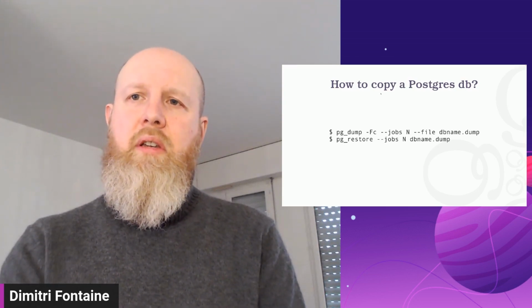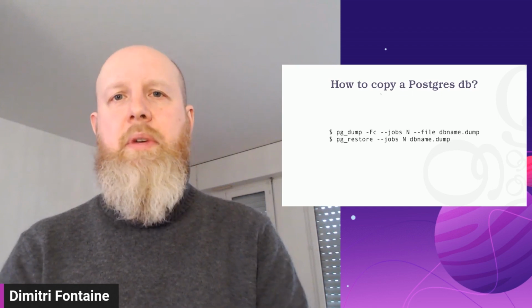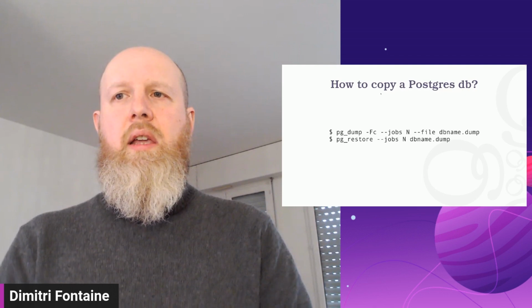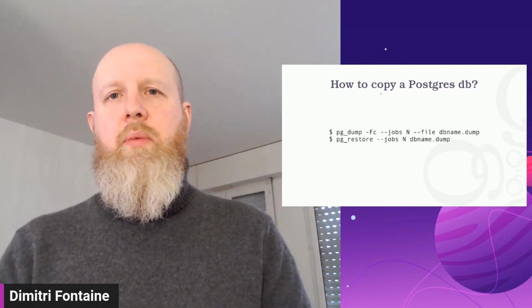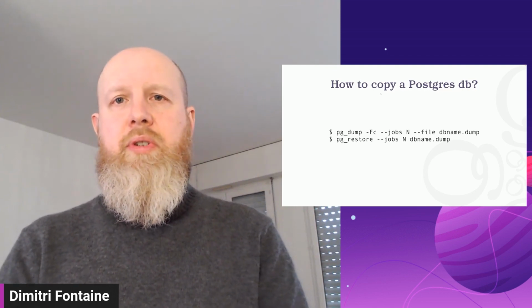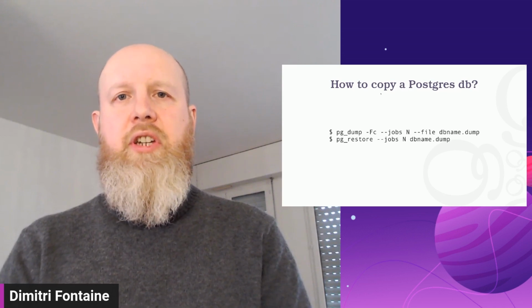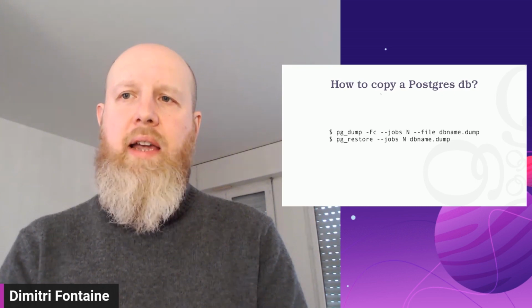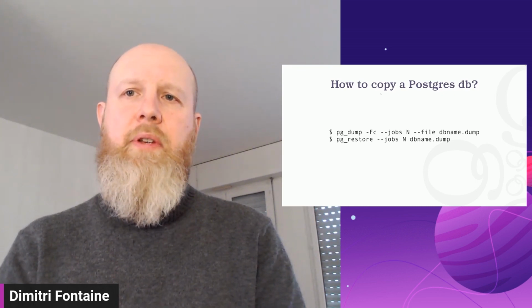For concurrency, you use the --jobs command line option, as in the slide. And when you do that, you need to output your pg_dump data set to a file, and then you can restore from the file.